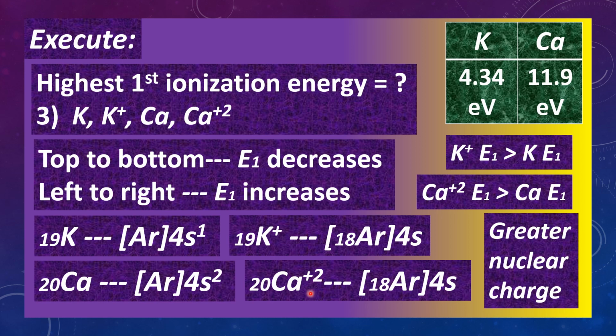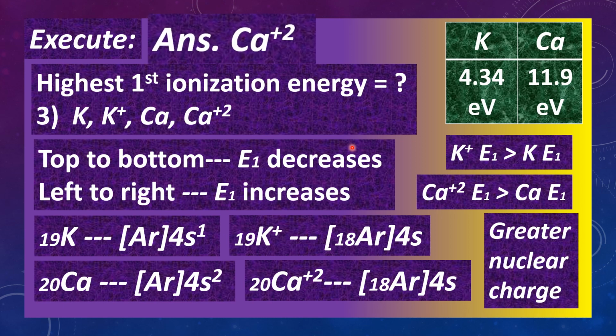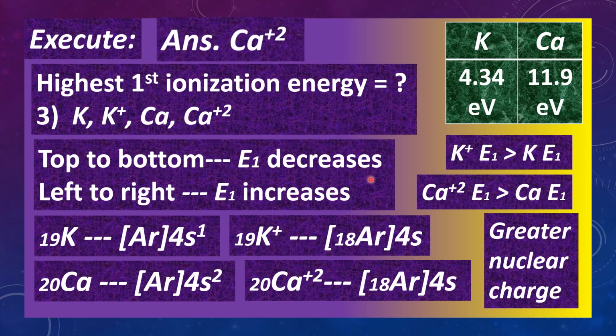After losing two electrons, its nuclear charge is the strongest as far as the electrostatic force is concerned. So in a nutshell, calcium positive 2 has the highest first ionization energy, and that is our answer to question number 3.